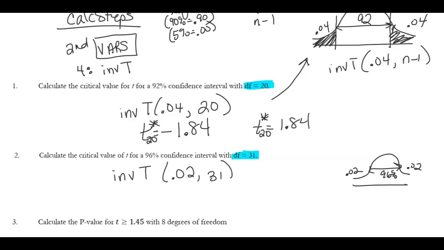And so inverse T of 0.02 with 31. And so my critical T for 31 is negative 2.14, or my critical T for 31 is 2.14. Again, I'll accept either.